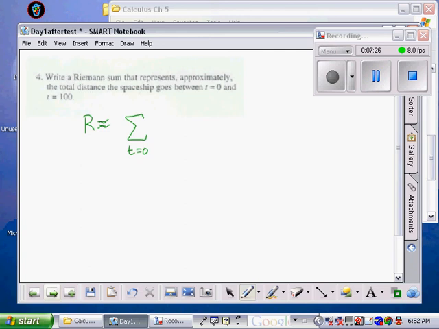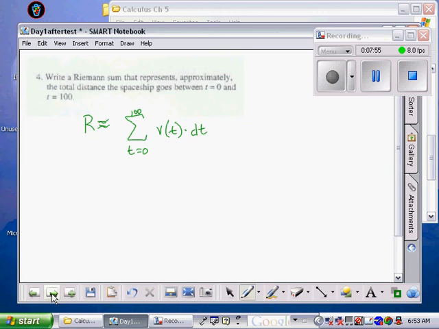Yeah, it looks like a big capital funny looking E. So we're going to take our time from 0 to 100 there, and we're going to sum up. We don't know how many rectangles. We're not really doing a limit at this point. We're just summing up all these rectangles. And our rectangles from the last problem could be found by taking the height times the width, or v of t times dt.